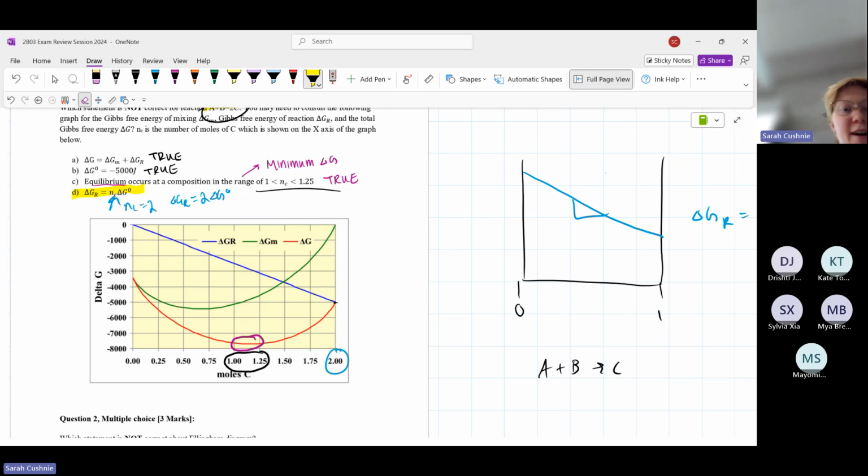Yes, I'll redefine that. So delta G R, that's the Gibbs energy of the reaction. This is basically saying we have a bunch of bonds of A and a bunch of bonds of B, and we want to break those bonds and form new bonds to make C, right?